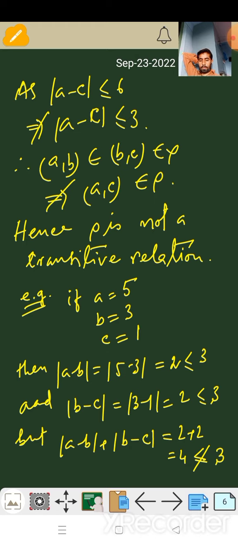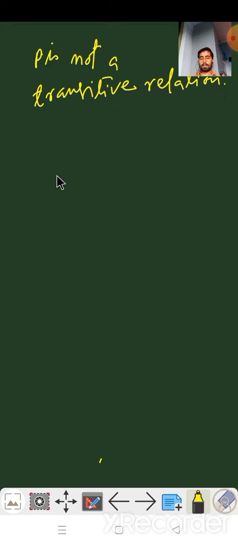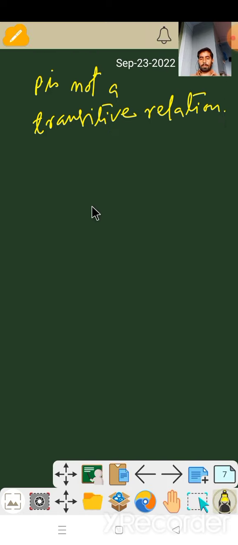So we can conclude that as the modulus of a minus c is less than or equal to this, and this is not less than or equal to 3, therefore rho is not a transitive relation.